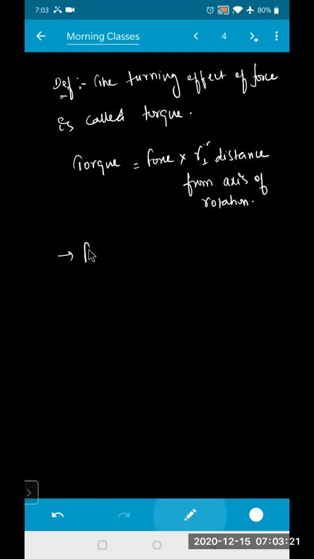What can force do? In Newton's laws of motion, we know that force can change translational motion. When you apply any force on a body, you can translate the body from one point to another point.